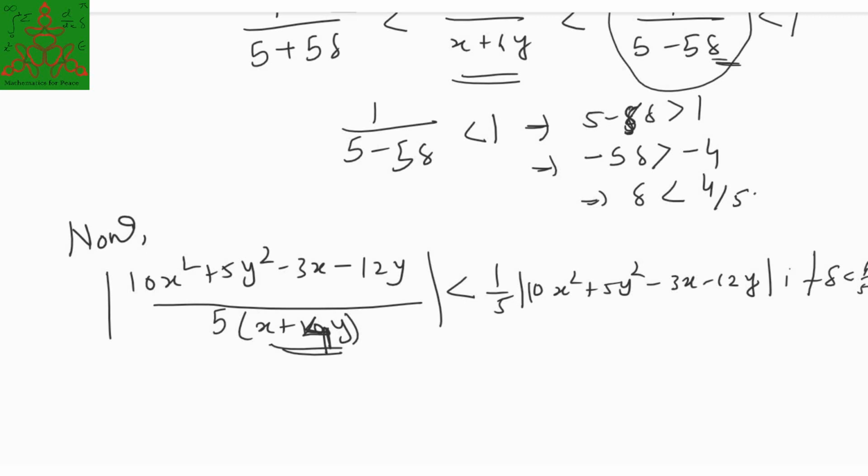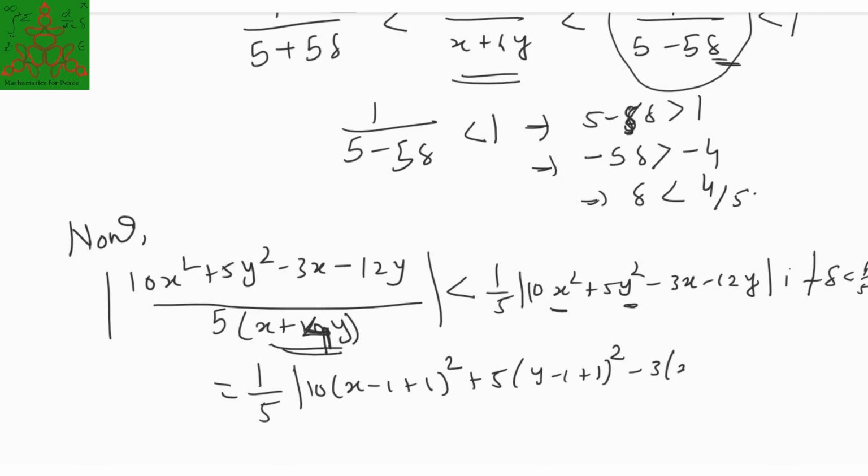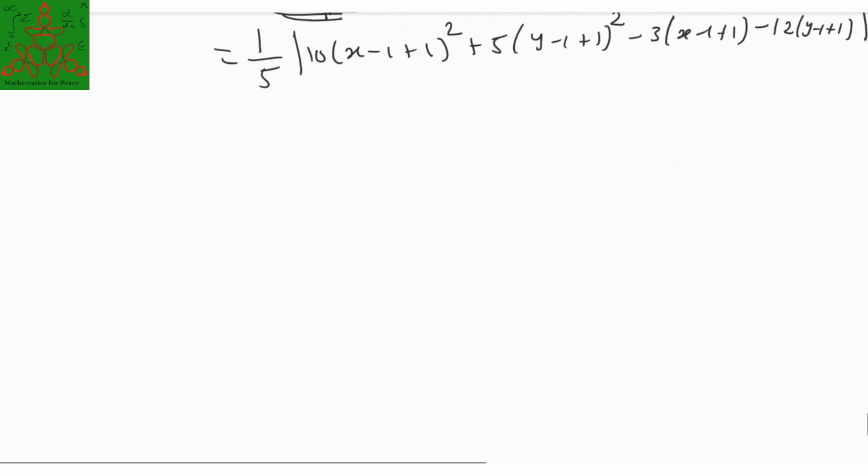Now again, as we are doing the same technique as in the above example, replacing x square, y square, x and y with x minus 1, for that I am adding and subtracting 1 here, and adding and subtracting in y also. The same thing I am doing for this also. So you will have this. Now you make a square of this, so expand this quantity.